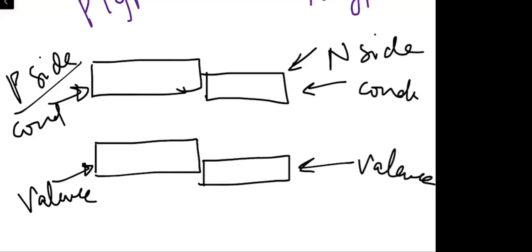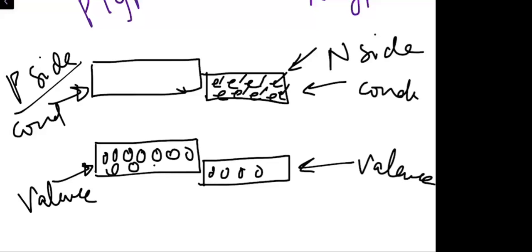So as you can see, there are a lot of free electrons on the n side, and there are very few holes on the n side in the valence band. Then there are plenty of holes on the p side, and then there are very few free electrons on the p side.